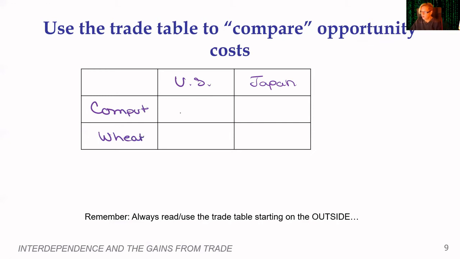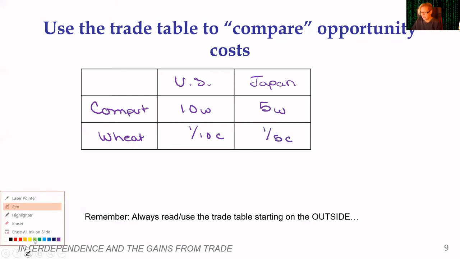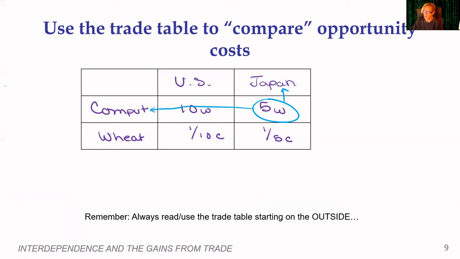Every time we produce one computer in the US, we give up 10 wheat. 1/10 of a computer, 5 wheat, 1/5 of a computer. And then we went ahead and asked which one was lowest. And I know I'm going through this several times, but this tends to be difficult for students, okay? And remember, it's which is lower in each row.